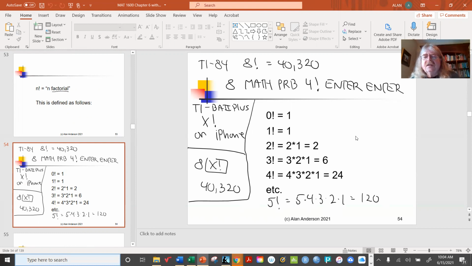And so there is a factorial button on your calculator. If you have the TI-84, it's under the math menu. If you have the BA II Plus, it has its own separate button. And the iPhone calculator, which you may have, well, you do have it, I mean, as long as you have a cell phone. And probably the other cell phones like Android and the others, which I'm not familiar with at all, I would imagine they have a calculator app on them as well.